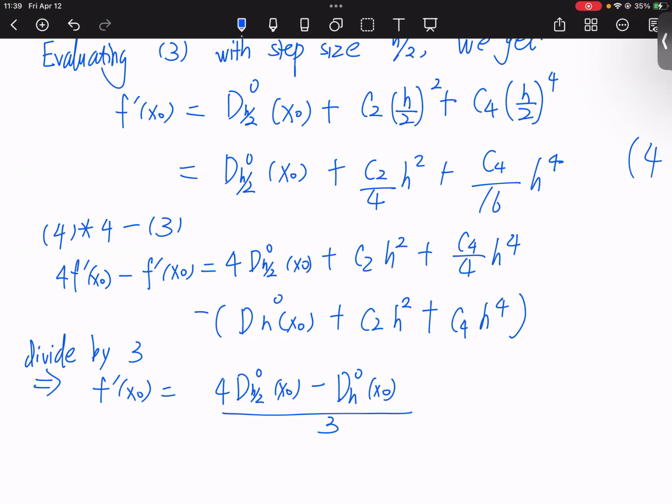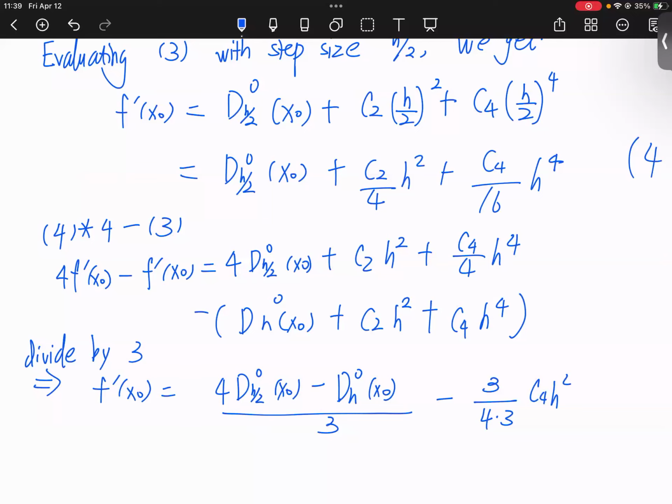And then what is the error here? The error is 3/4, because we have one quarter and then minus 1, and then I got subtractions, and then 3/4. But I'm dividing both sides by 3, so in the denominator I should have 3 here.